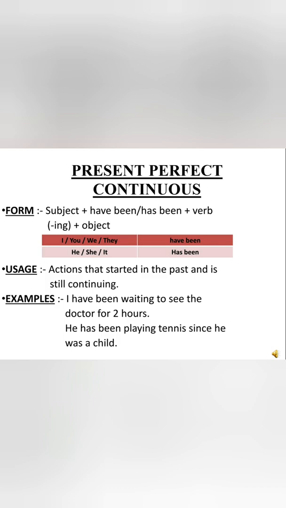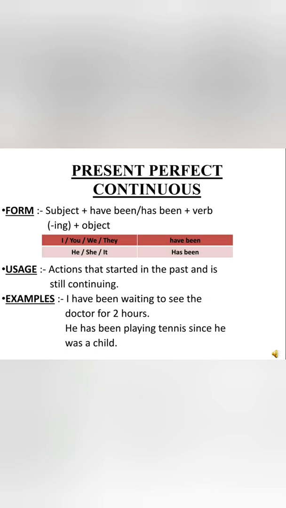It's still continuing. Same case: he started playing tennis when he was a child, and till now he is playing tennis, so there is no end. There is a start, but no end, and the action is still continuing at the present moment.